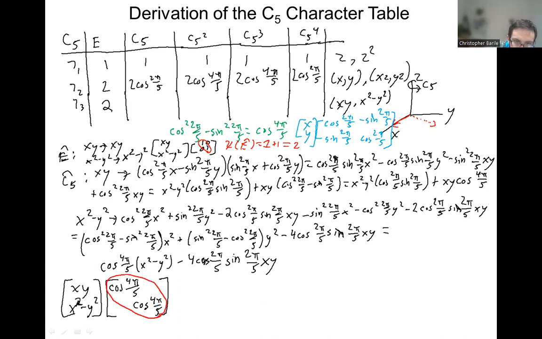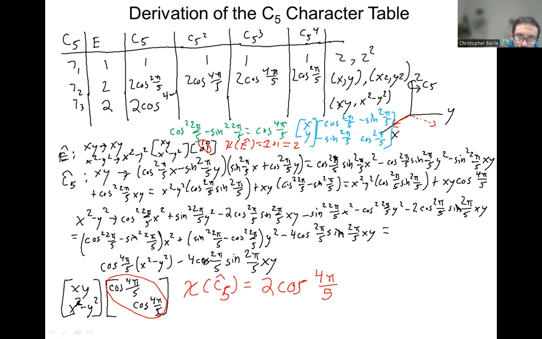We then take the character, the trace, by summing up these diagonals, and we can say that chi of the C5 operation is just equal to cosine 4 pi over 5 plus cosine 4 pi over 5, which equals 2 cosine 4 pi over 5. And so now we know what our character is underneath C5.